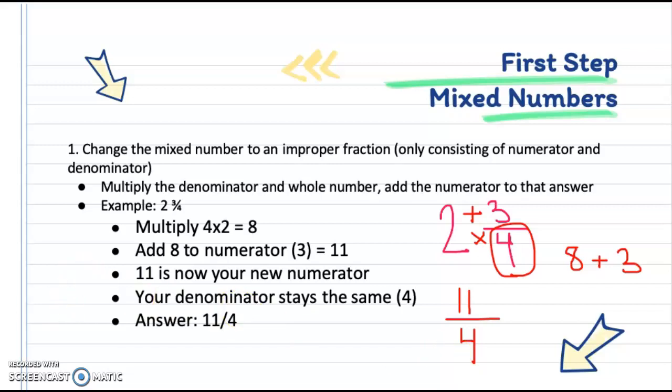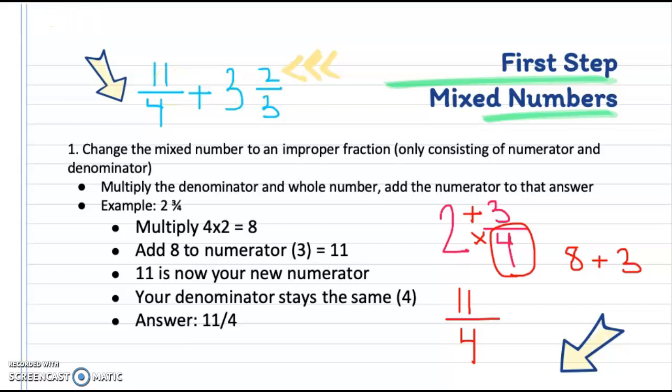Let's try a quick example of adding two mixed numbers together. So let's do this one, because we already did 2 and 3 over 4, and we got 11 over 4. So we have 11 over 4 plus, let's do 3 and 2 over 3. Okay, so we have an improper fraction and a mixed number.